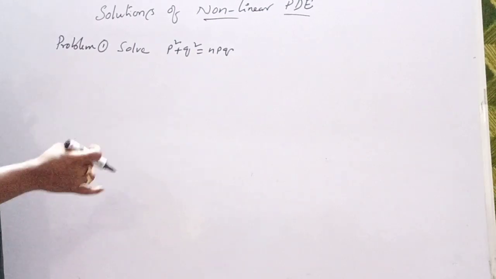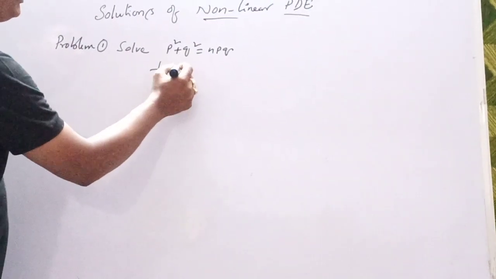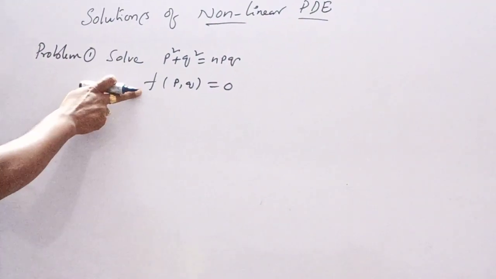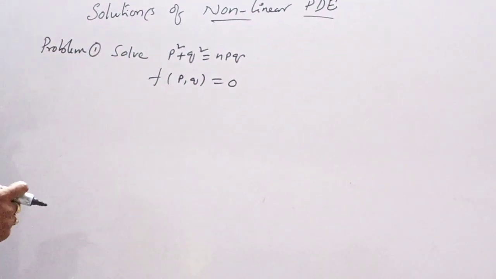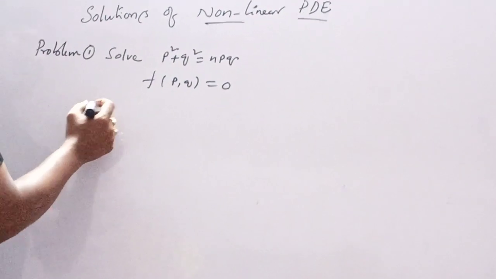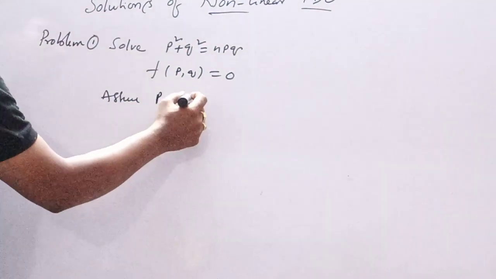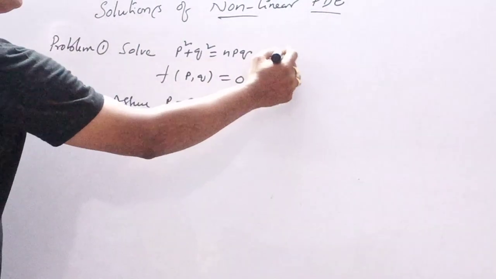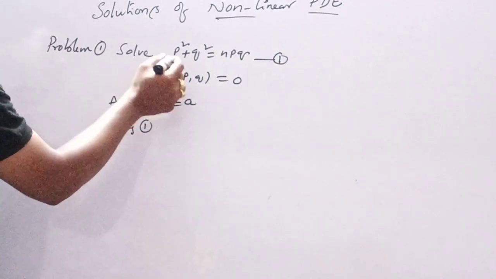It is a function of only p and q, so you conclude it is a standard form 1 non-linear PDE. Then the assumption is p = a. This is equation 1.